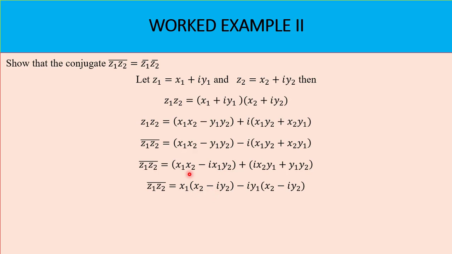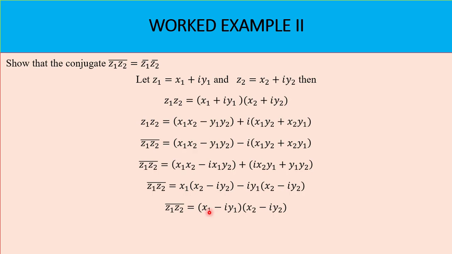Then we shall find that in here we can pull out x1, which will be x1 into x2 minus iy2, and also here we can pull out minus iy1, which will be minus iy1 into x2 minus iy2. Because if we open here, it will become i squared, which will create a positive here. Then finally, we shall factor out x2 minus iy2 since it is common.